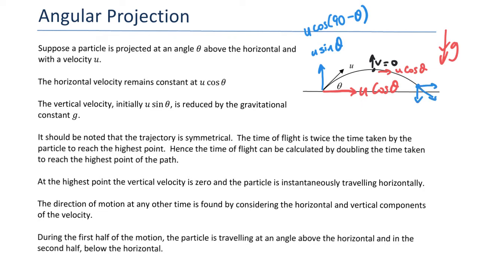Obviously, if you're on the rise, then the vertical component will be upwards. During the first half of motion, the particle is travelling at an angle above the horizontal, and in the second half it's below the horizontal. Hopefully we can see that it's definitely below, because the resultant is beneath the horizontal.